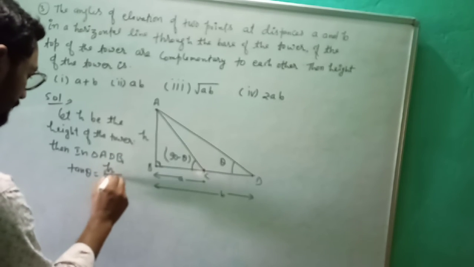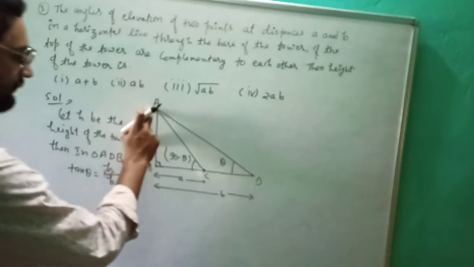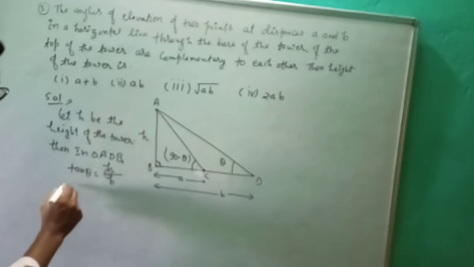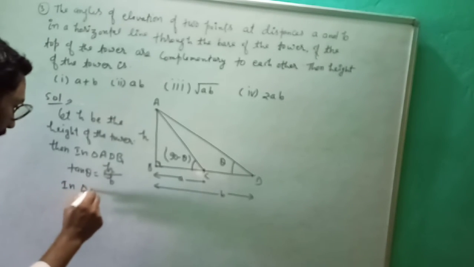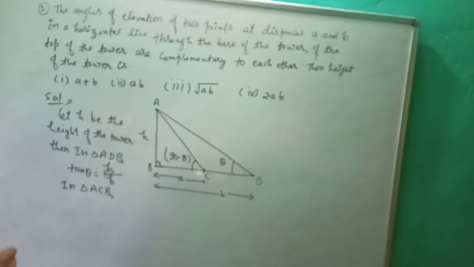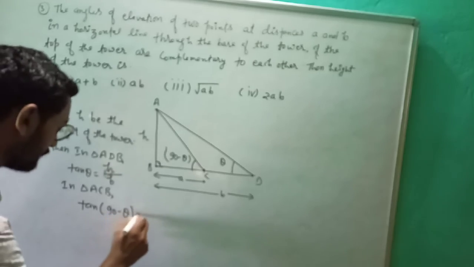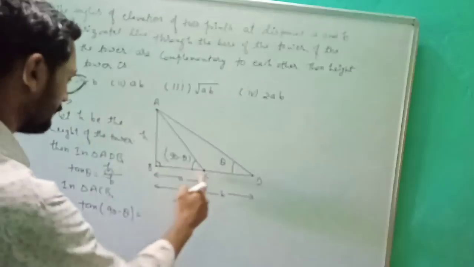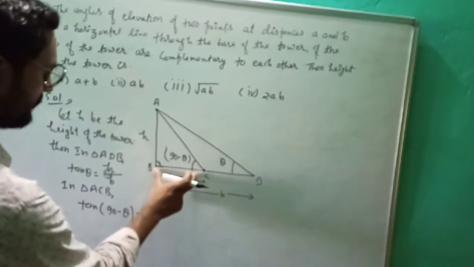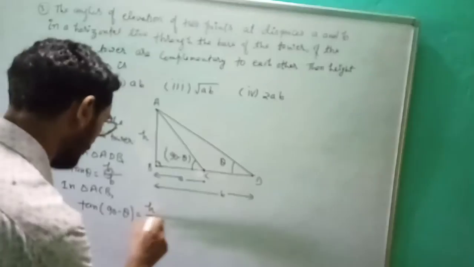Also, if I take the triangle ACB, which is again a right angle triangle, and use tan, then tan of 90 minus theta is perpendicular upon base. But for this smaller triangle, a is the base, so h upon a.